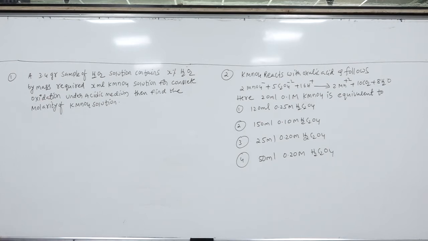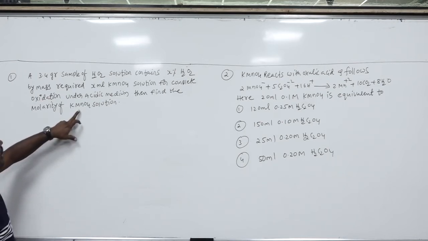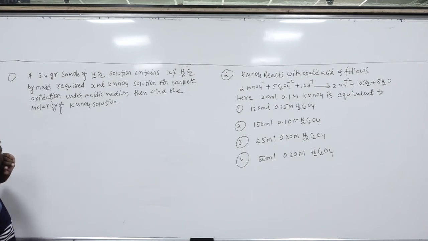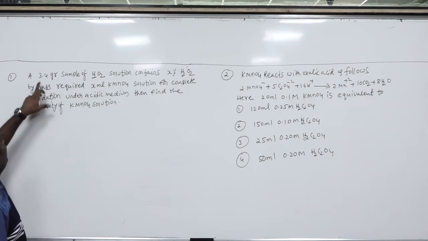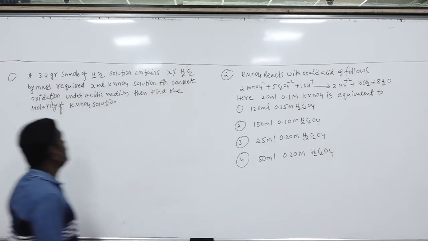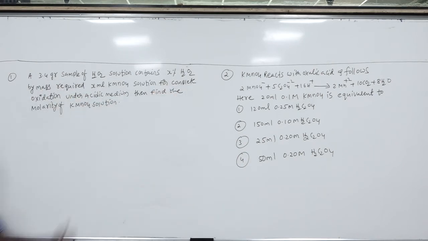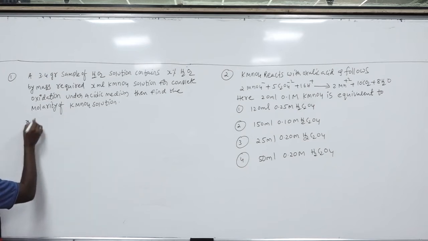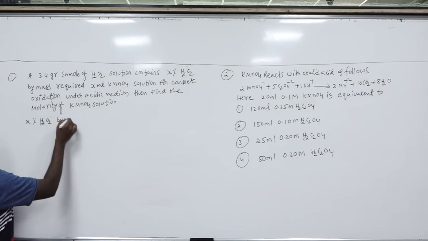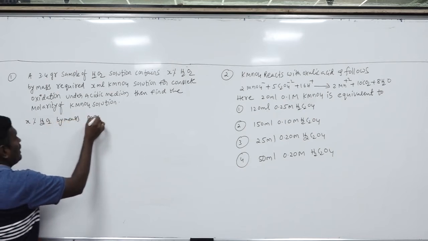Now here KMnO4 oxidizes the hydrogen peroxide into oxygen. The sample weight given is 3.4 grams, the percentage X% by mass. What is the meaning of X% H2O2 by mass?